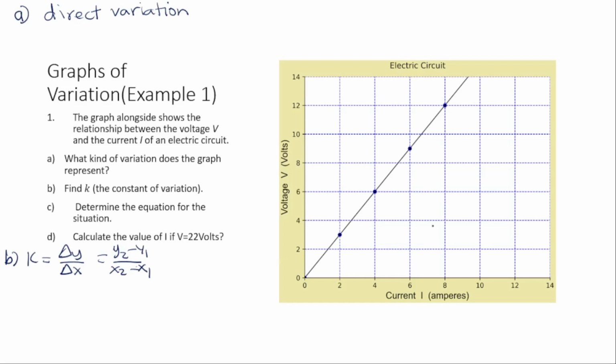I'm going to pick points that will not cause me problems to identify. So we have the first point, which is 4, 6. 4 is the x coordinate, 6 is the y coordinate. And I'm going to pick 8, 12. 8 is the x coordinate and 12 is the y coordinate.